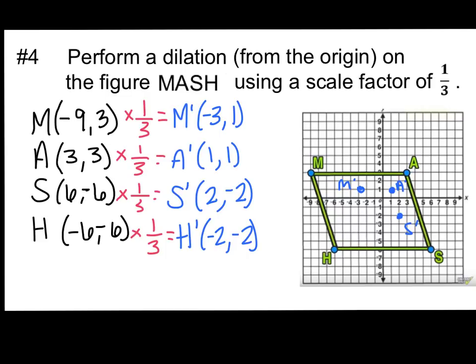And negative 2, negative 2 right here would be H prime. So when we connect them, oh, look how cute. That's what happens when you do a dilation by a scale factor of less than 1. The image gets smaller. Pretty cool.